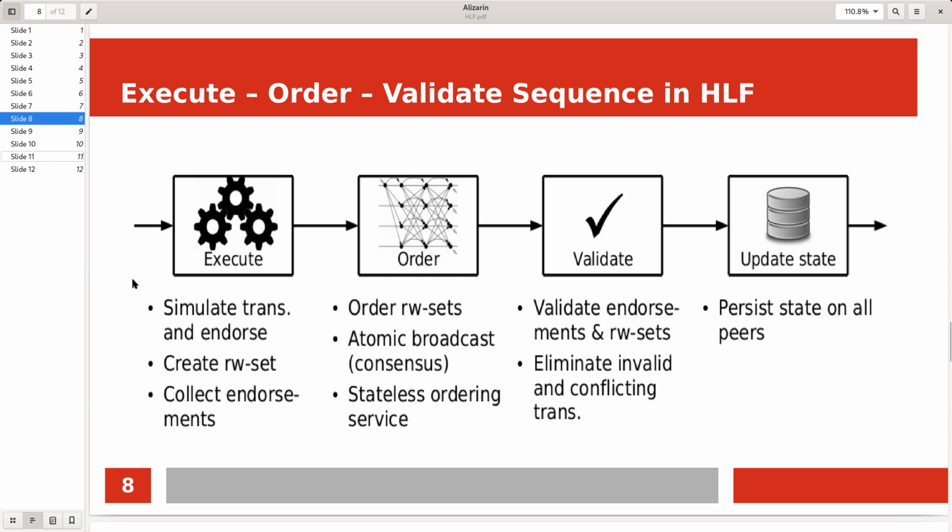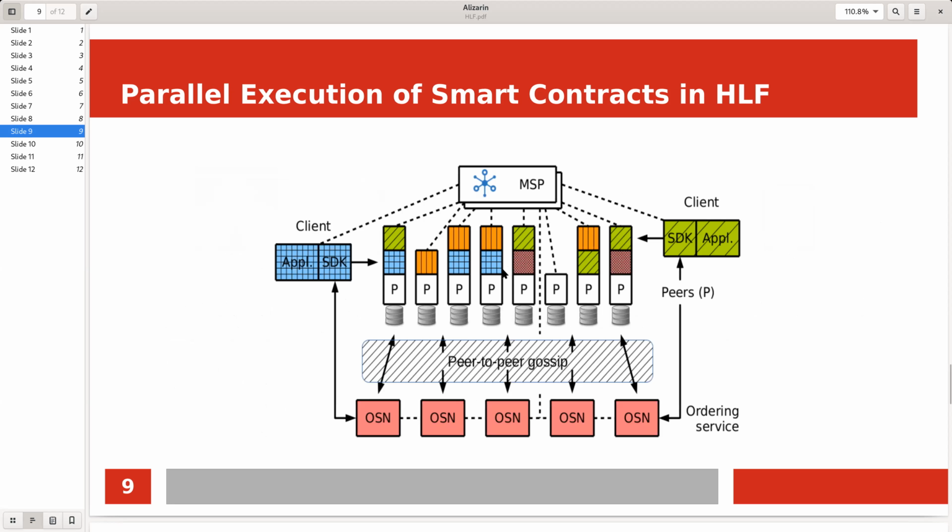So the nodes which executed, simulated, and endorsed smart contracts, they propagate the endorsed values, which are called read-write set, to other nodes, and these sets are ordered. By the way, we'll see in the next slide that each smart contract here, all these different colors and shades, are different smart contracts.